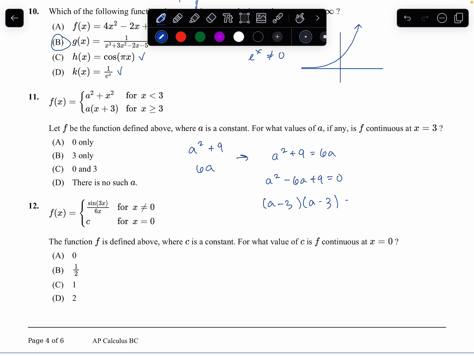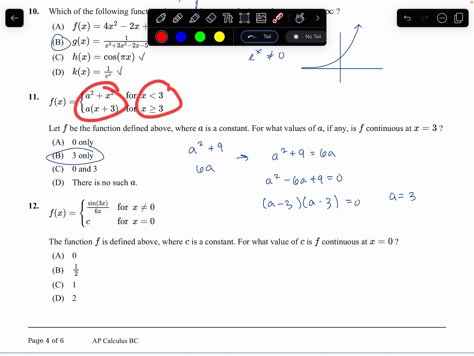So then this will be equal to 0 when a is equal to 3. And so there you go. At a equals 3 and x equals 3, these will be the same, which means the limit from the left and the limit from the right will be the same, and the function will be defined at that point to be the same thing.